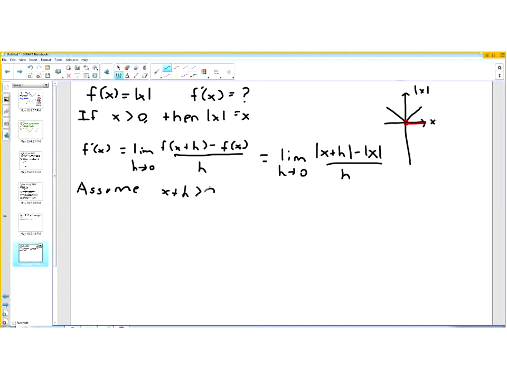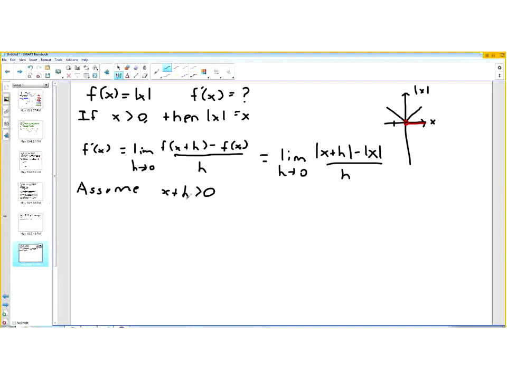I think that's a pretty safe assumption because in the end, h is going to be very, very close to 0, almost negligible. It would be absurd to think that x plus h would be less than 0. That would mean you'd have some very large h far away from 0, so you're essentially going in the wrong direction.